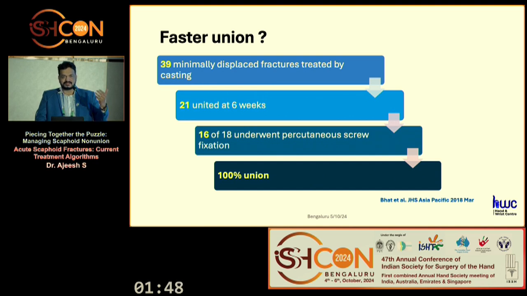The idea was that they started with 39 minimally displaced fractures, and found that 21 of them had actually united by 6 weeks. For the others, the non-unions and delayed unions, they took a CT, and they underwent fixation, and they actually managed to get 100% union. So that sort of an approach has also been put forward.